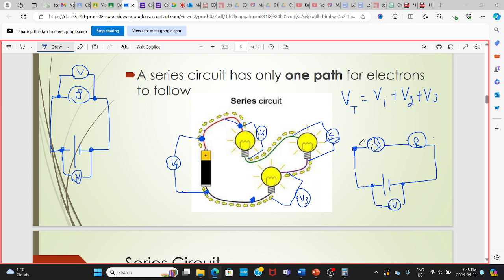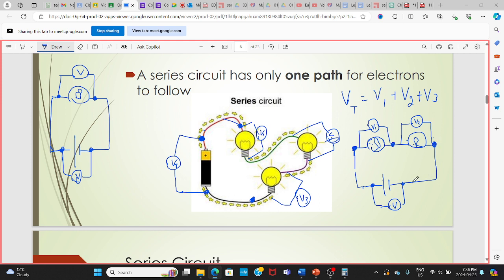It is the same as the voltage across both of these bulbs, true? So I call this one V1 and I call this one V2. Why is V2 not the same as V total?